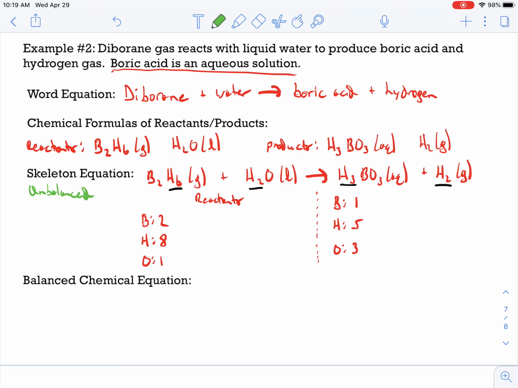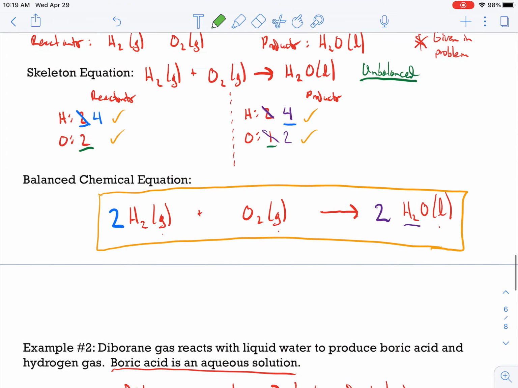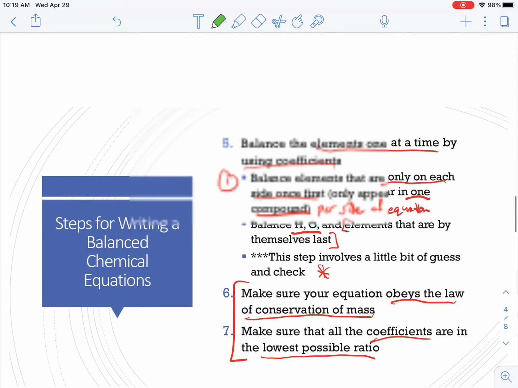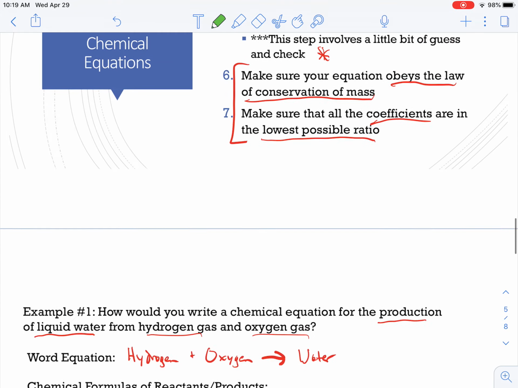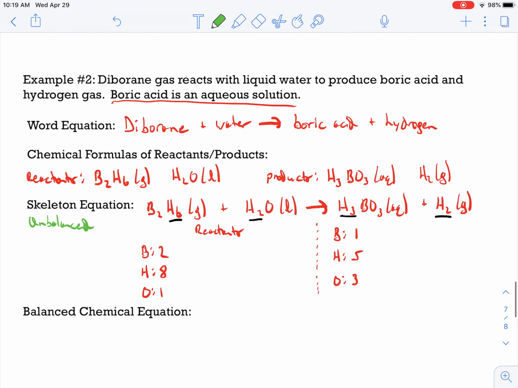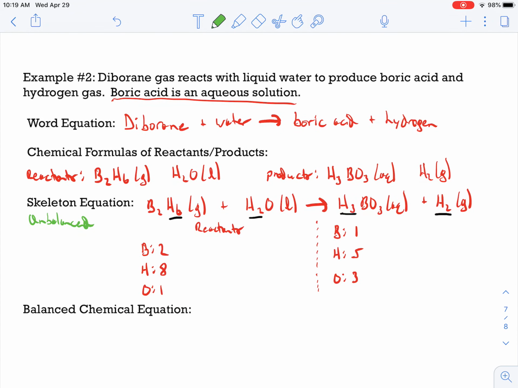So out of these 3, we want to figure out which one we want to deal with first. So we scroll all the way up to the top. Here our rule is that we want to balance elements that appear only once on each side first. And again, we're going to want to wait to do hydrogen, oxygen, and any free elements that are by themselves. So when I look through this, I see that we have hydrogen and oxygen.